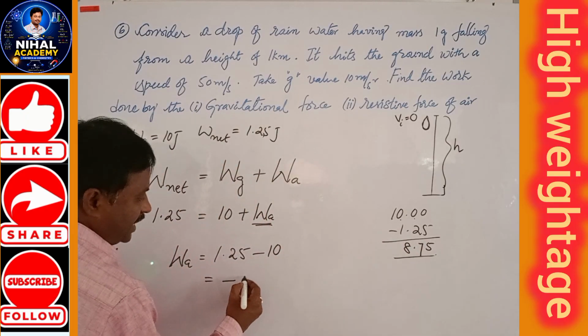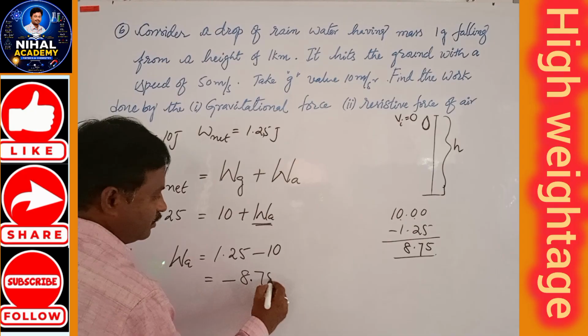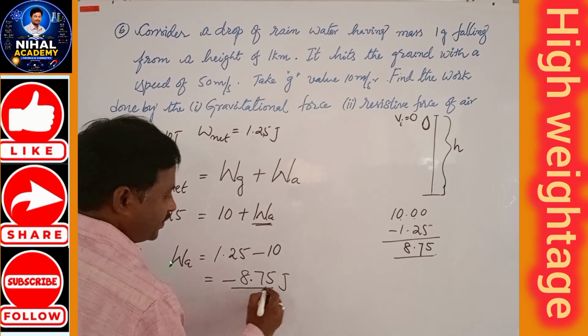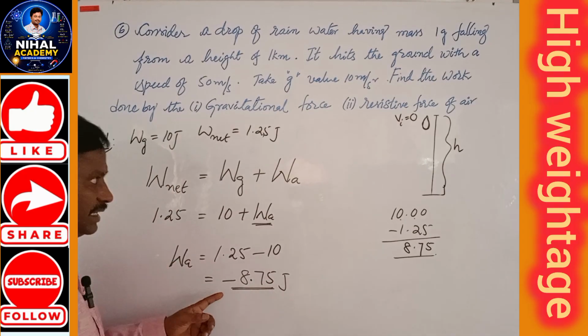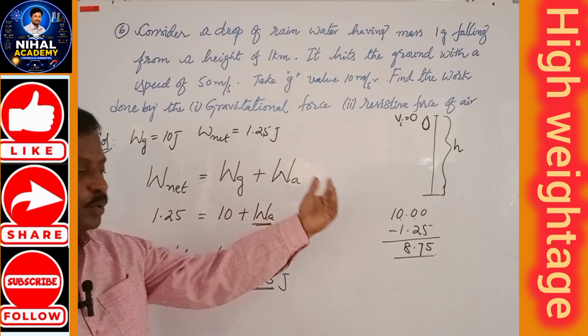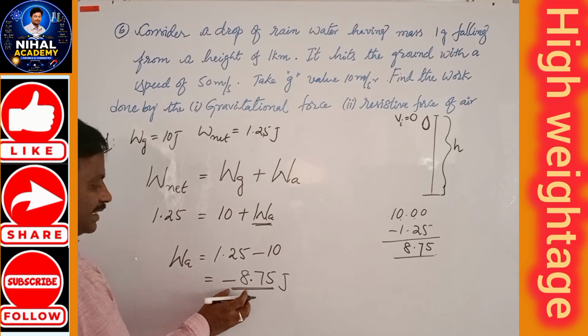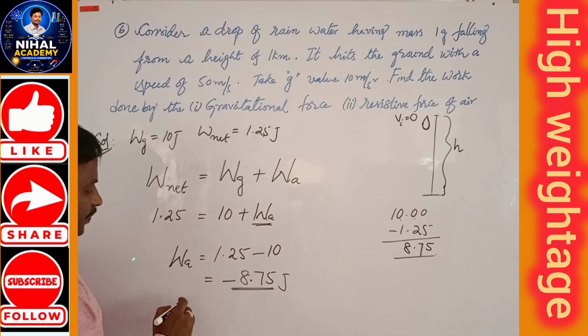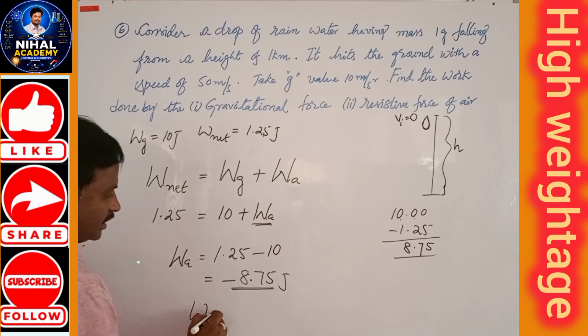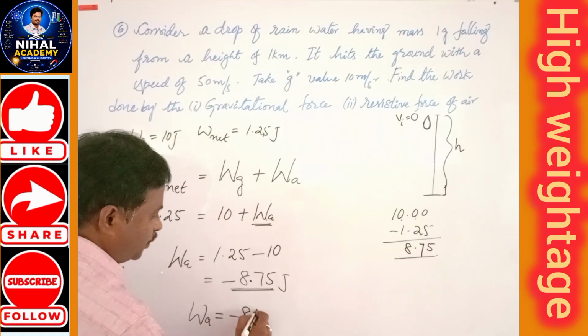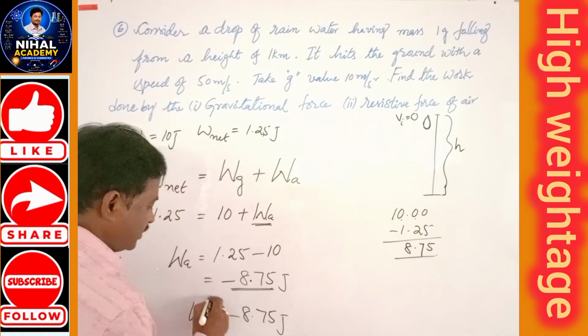So this is equal to minus 8.75 joules. What does this minus indicate? It indicates the resistive, opposing force, that's why it is negative. So W_A is equal to minus 8.75 joules.